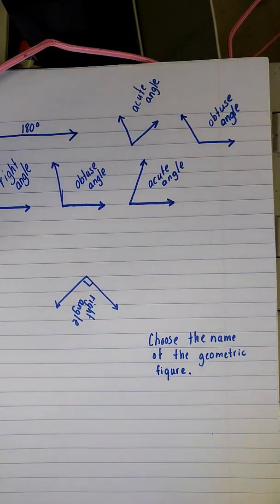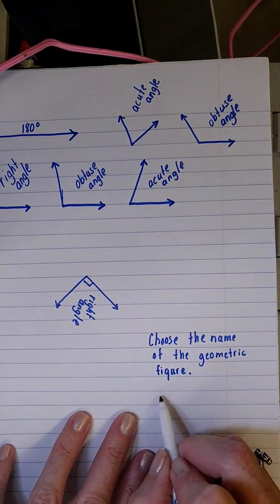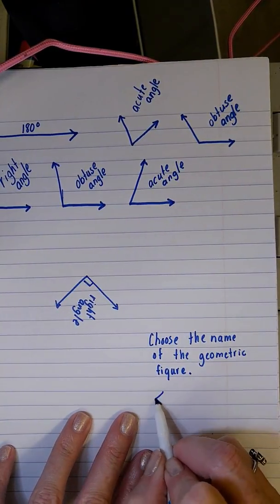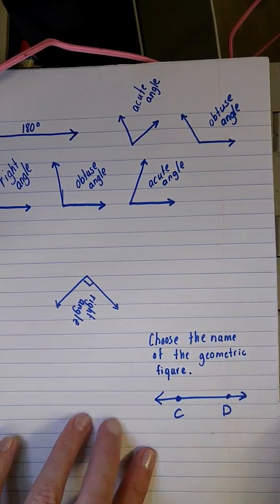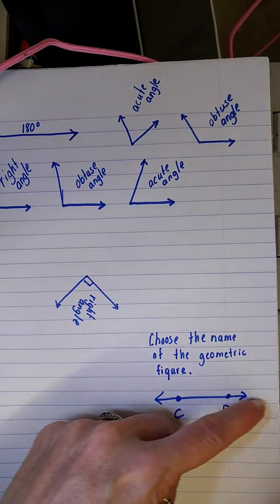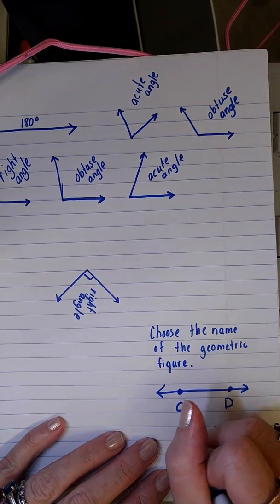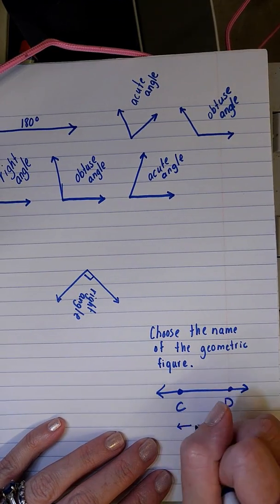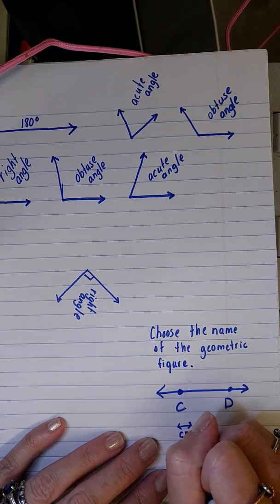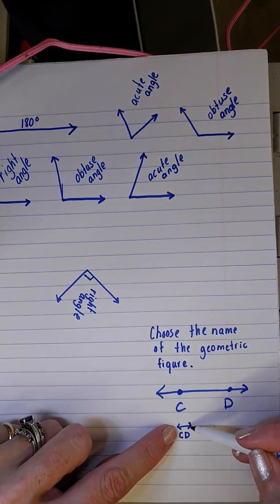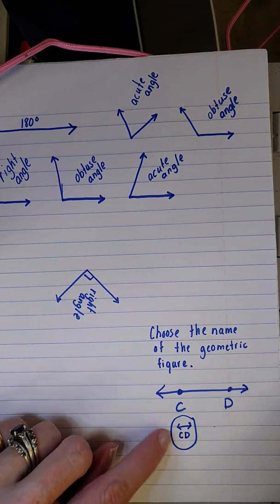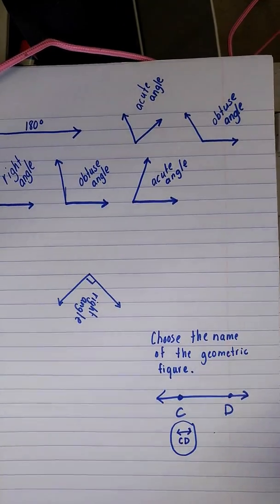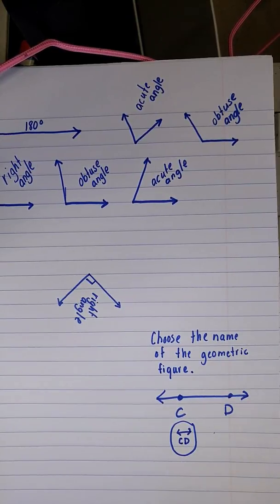So that might be a typical test question, and then it would have something like this. Well, looking at this, I know that that's a line, and so this is how we would write or name it. So when you do that, you put the symbol above and you write the letters. So the students would have to be able to identify the name of the figures, or the figures by the name. So that is something that they would have to be able to do.